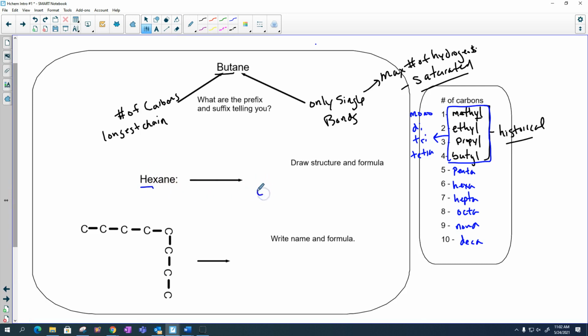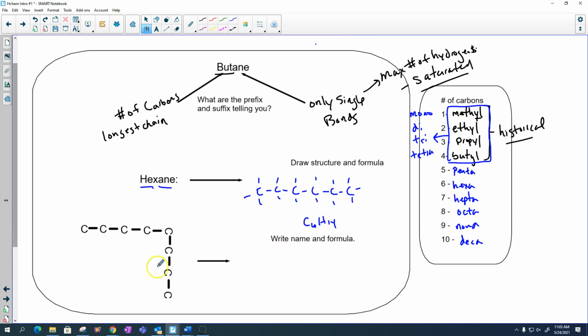So hex means 6 carbons. So 1, I'm going to draw them straight here, but in reality they're not straight. 1, 2, 3, 4, 5, 6. Ane means only single bonds, so it's maximum hydrogens. 14 hydrogens. That's C6H14.